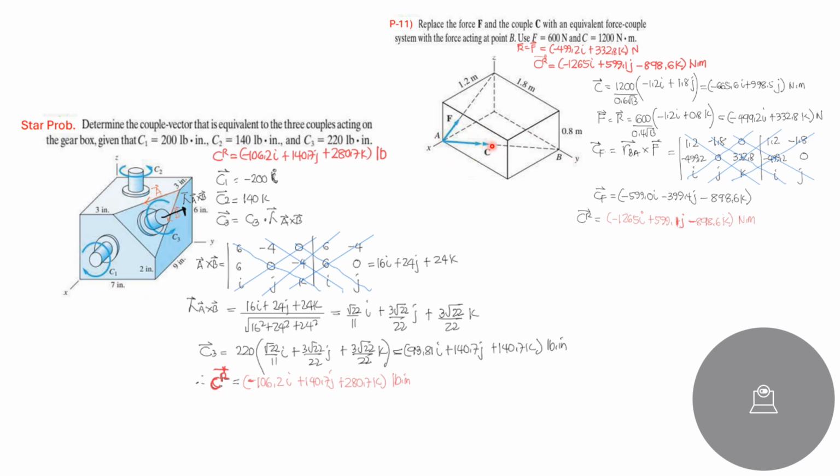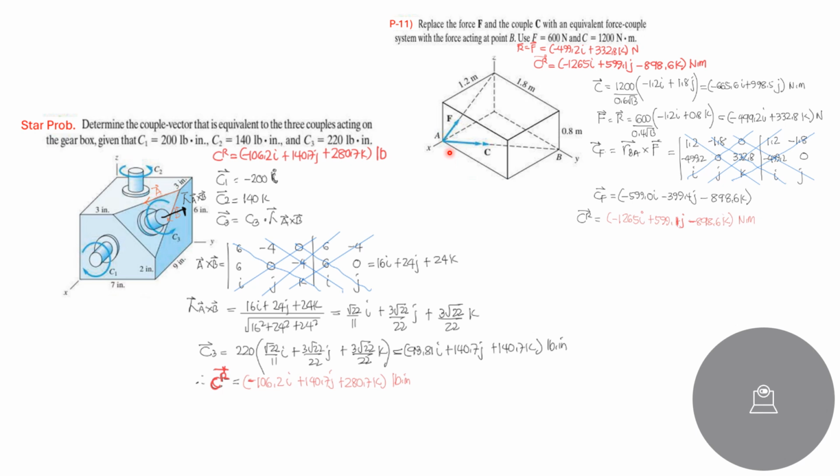We write this in vector form, but for F, we must compute its moment about B, and that is R_BA cross F, or R_BD, you may call that point D if you want, cross F, because it is a point on the line of action of F. But I just use R_BA cross F for the moment of F about B.